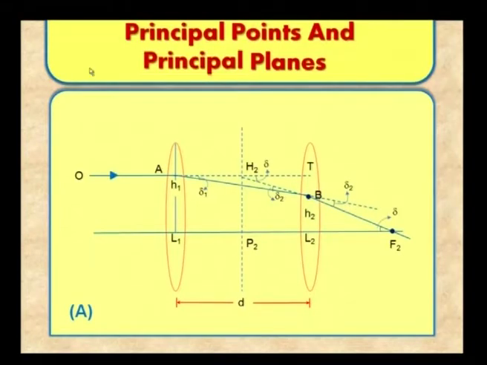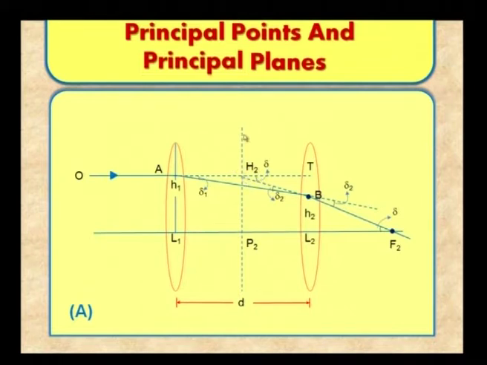Now, what I am trying to repeat and make you understand is the following. The light ray is traveling through two lenses. From OA it comes to BF2. Now, instead of the deviation suffered by the light ray due to the first lens, and the deviation suffered due to the second lens, I am replacing the entire thing by the deviation delta suffered by the light ray at this point.